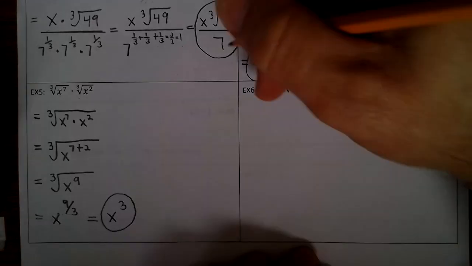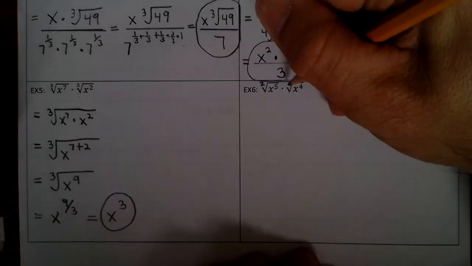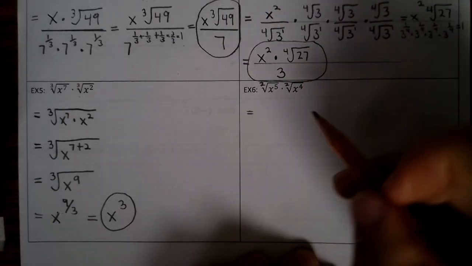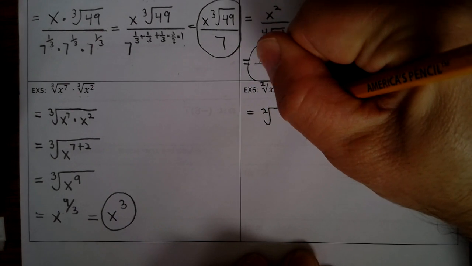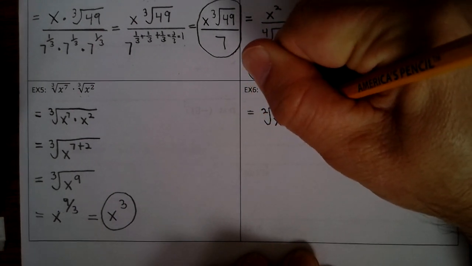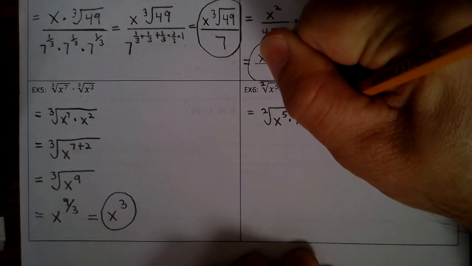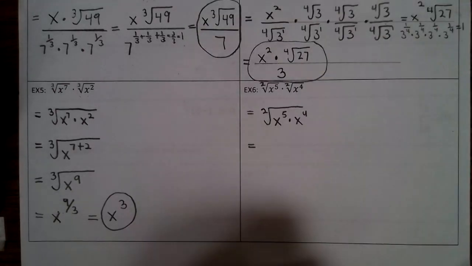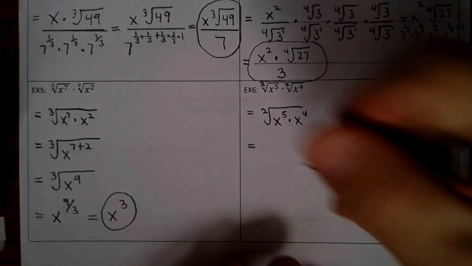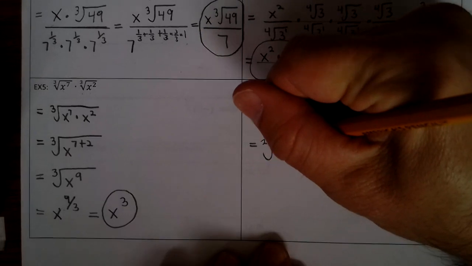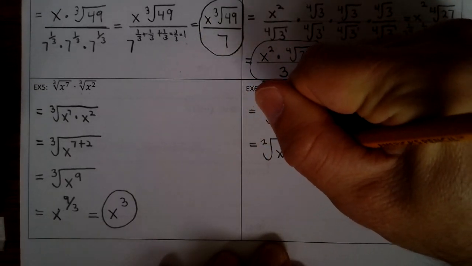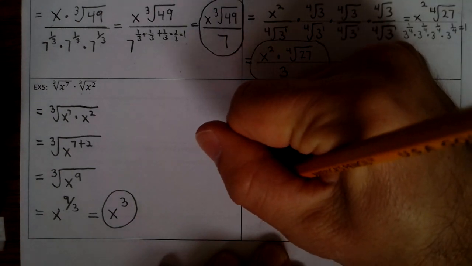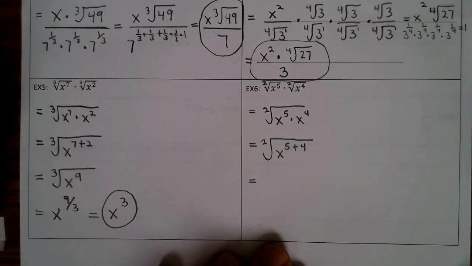So same, example 6 is the same. So that's the square root of x to the 5th power times x to the 4th, which is the square root of x to the 5 plus 4, equals the square root of x to the 9th.